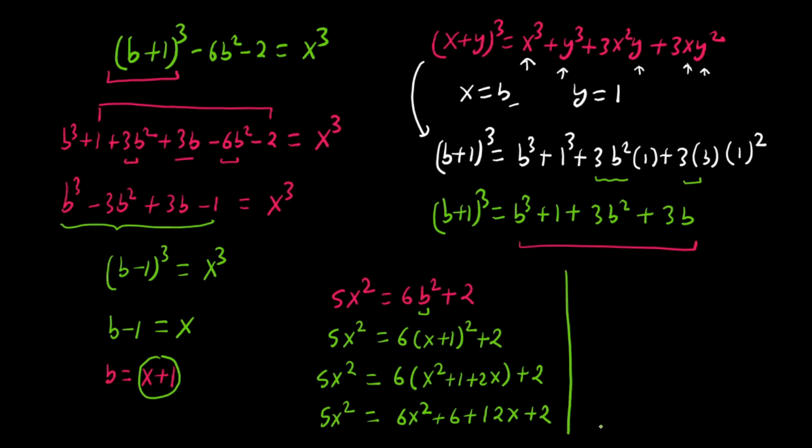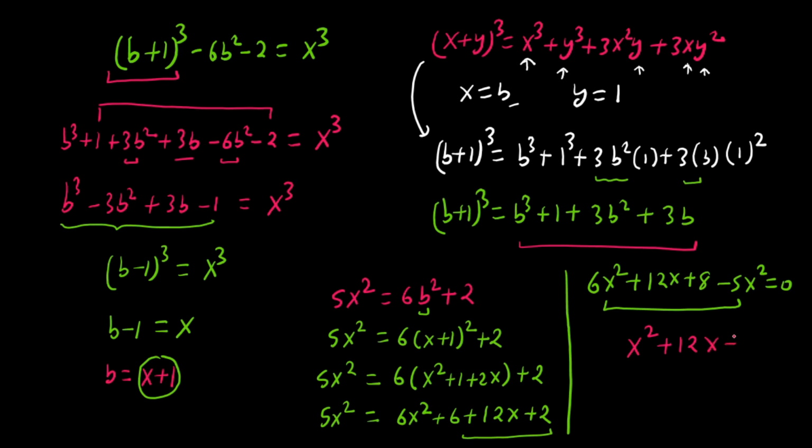Now if we take all the expressions to the same side, then 6x square plus 12x plus 6 plus 2, that is 8, minus 5x square, is equal to 0. 6x square minus 5x square is x square, plus 12 times x plus 8, equal to 0. Here this is a quadratic equation, that is x square plus 12 times x plus 8 equal to 0.